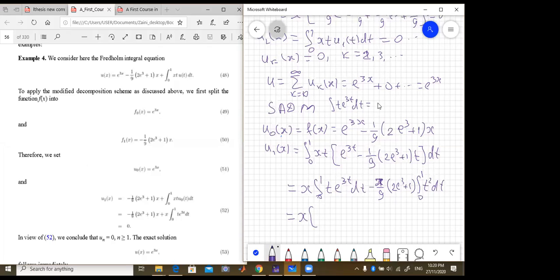So u and v, 1 over 3, u is t: t e to the 3t minus integral from 0 to 1 of 1 over 3 e to the 3t dt. So in other words, for the second one I just put the value, 1 over 3. You see, e to the 3t, e to the 3 minus 1, e to the 3 minus 1. Just I put the value, 1 over 3.